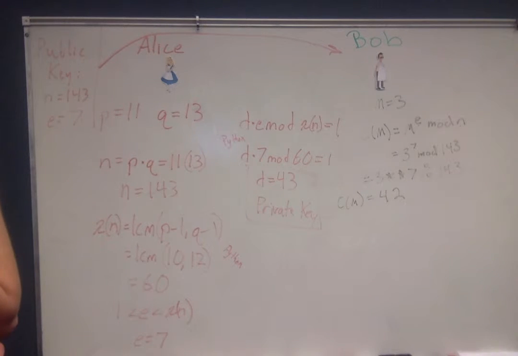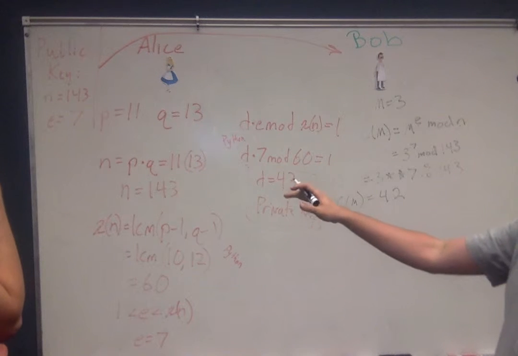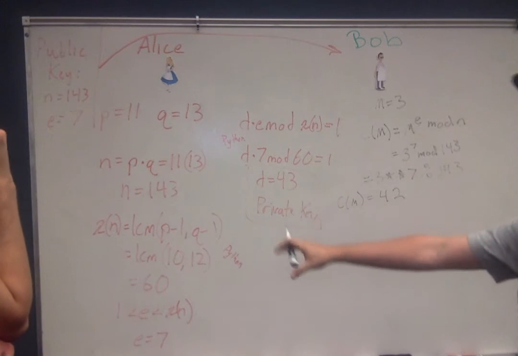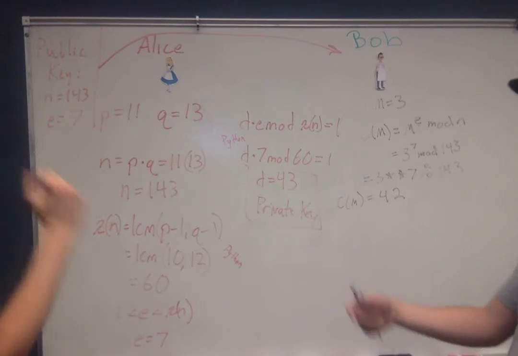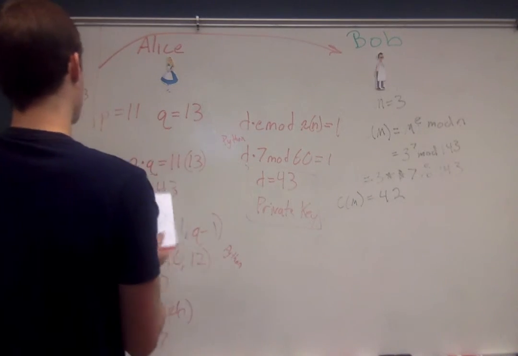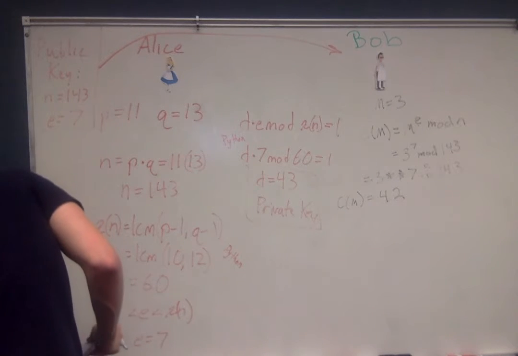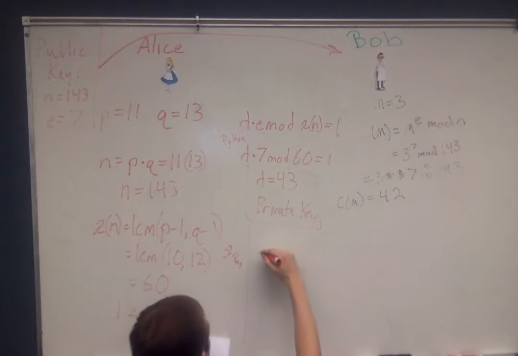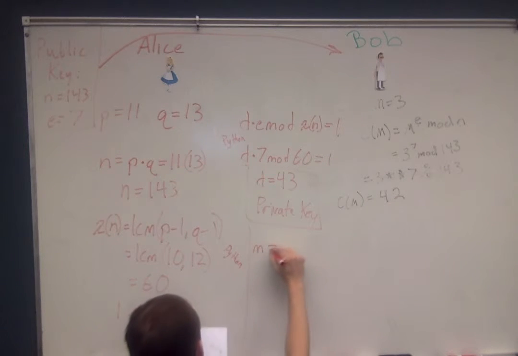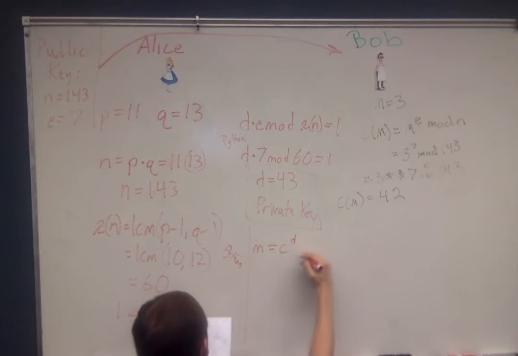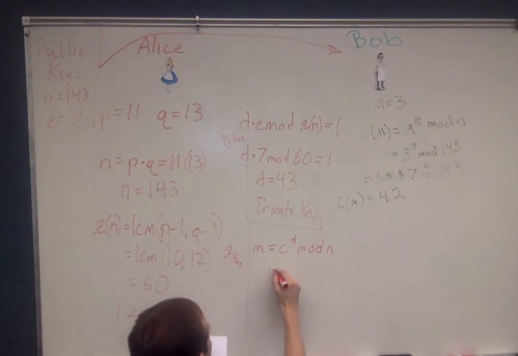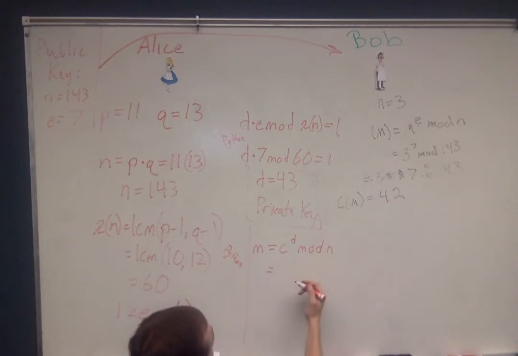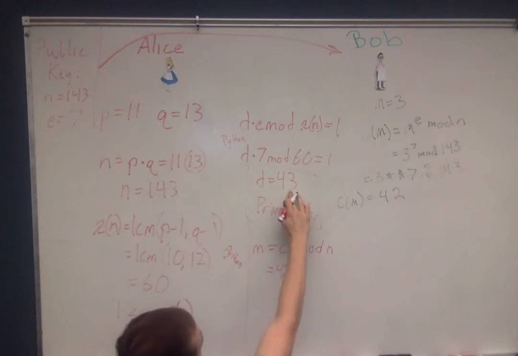Now, Bob is going to send this message back to Alice. And now Alice is going to use her value of D to decrypt this message. The way Alice does this is she is going to use the function M equals C to the D mod N. Plugging in the encrypted message that Bob created, it's going to be 42 to the, and now this is where the private key comes into play.